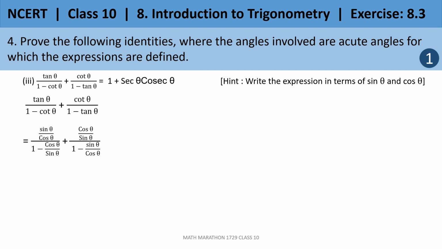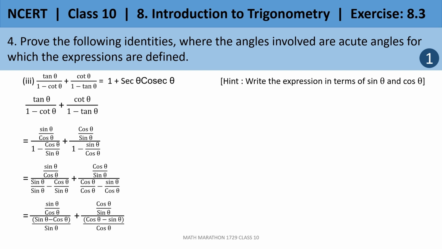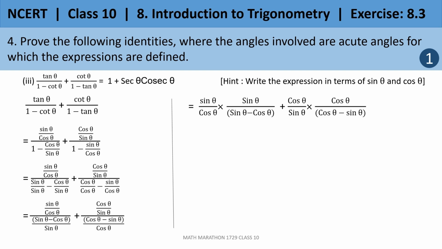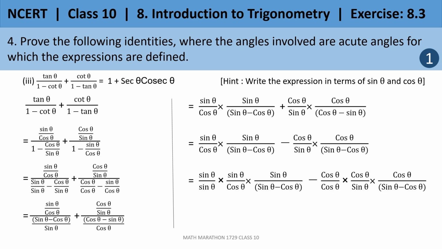We can use the hint. We can write the expression in terms of sin theta and cos theta. We need to have common denominator to do some operation in the numerator.